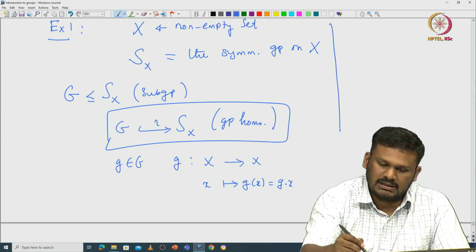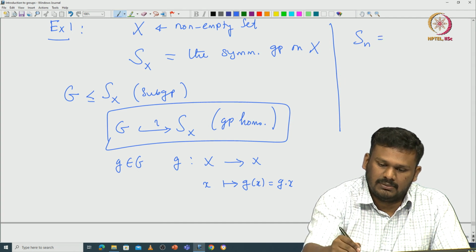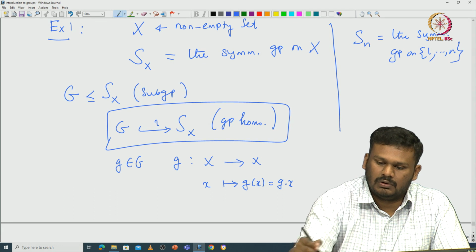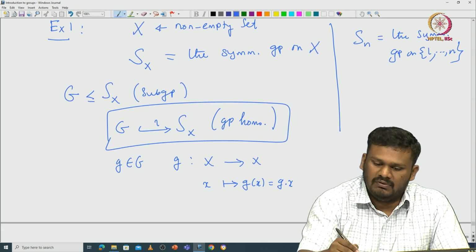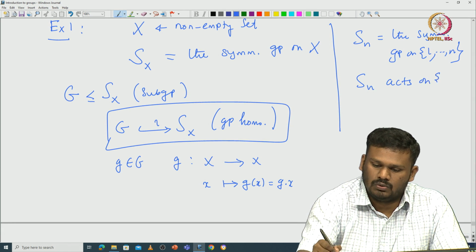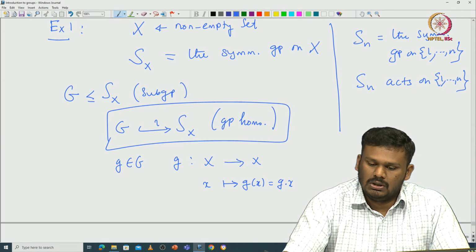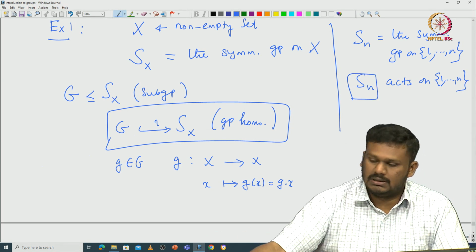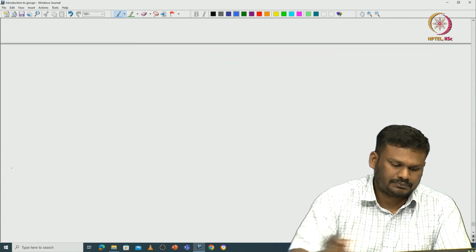So, we will be interested in Sn, the symmetric group on 1 to n, and we will say that Sn acts on this 1 to n, and we will use this to conclude something about elements of Sn. Okay. So, this will be used again.